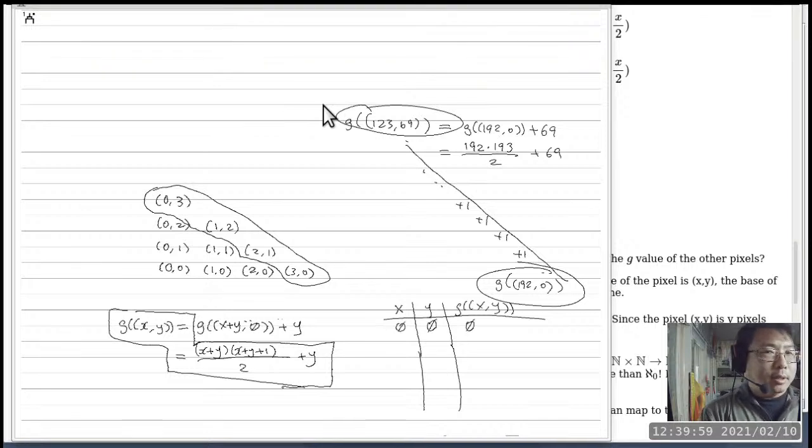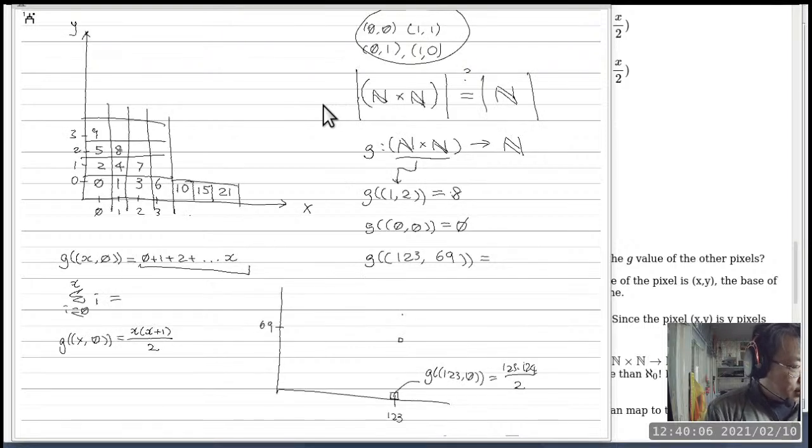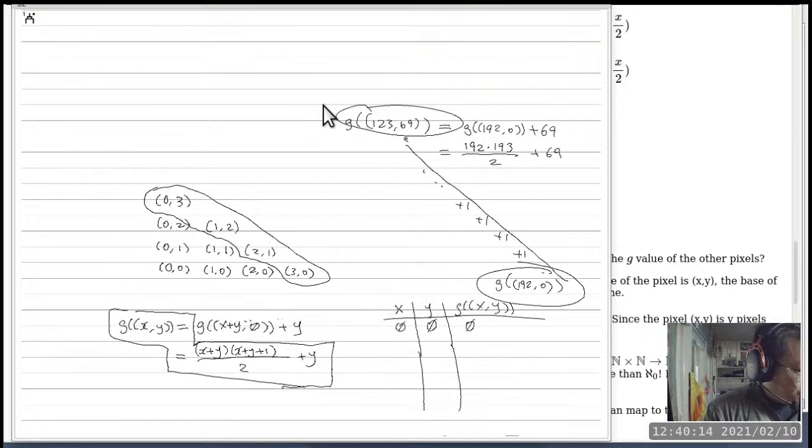Let's figure out something that is a little bit out there. Let's figure out the one that has a value of 8, which is this one over here. So the x value is 1, the y value is 2. So we have 1, 2 as the coordinate. Now we have to plug in x being 1, y being 2 into this formula and see if we get 8 back.